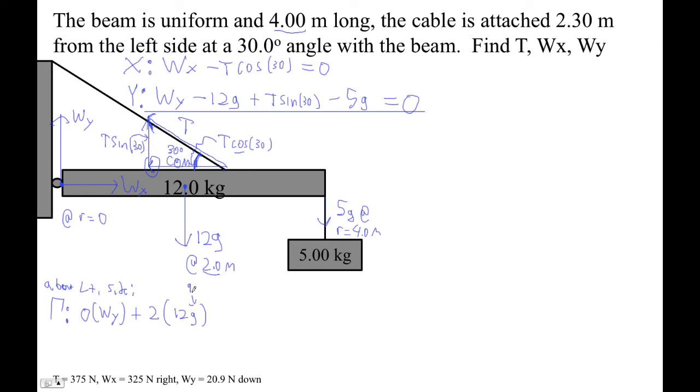I'm just trying to keep things civilized here. And then we've got an anti-clockwise torque due to this component right here, the T sine theta, so minus, and this is 2.3 meters out, so minus 2.3 times T sine 30.